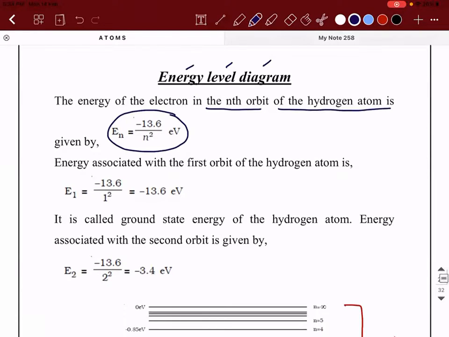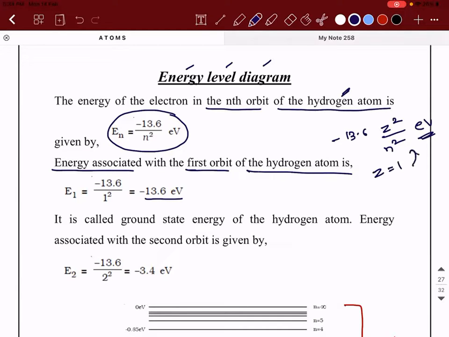How did we get it? Since we are talking about the hydrogen atom, the formula for energy is minus 13.6 into z square divided by n square electron volt. The value of z is equal to 1. When I substitute it here, it becomes minus 13.6 divided by n square electron volt.